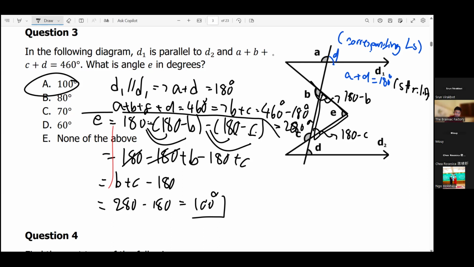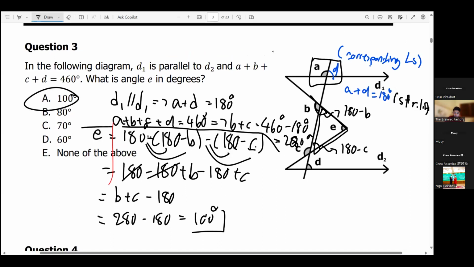So like I said again, A plus D equals to 180, because A and D lie on the same straight line, same straight line D1, and angle D is equal from here because it's a corresponding angle. It's a property when two lines are parallel to each other, cut by one transversal.